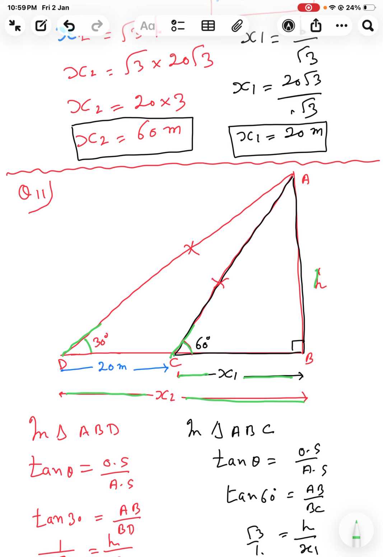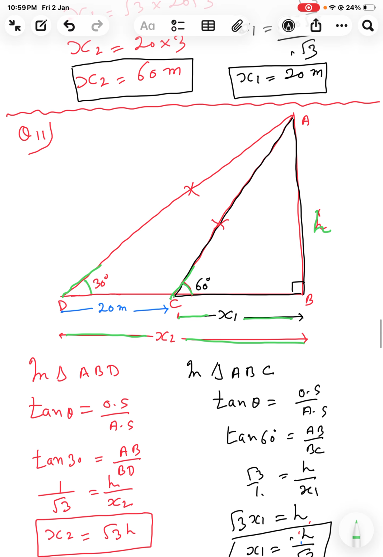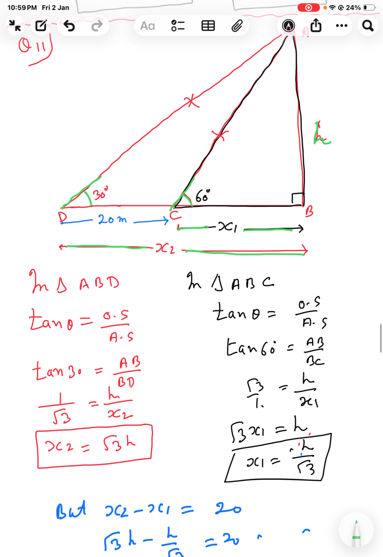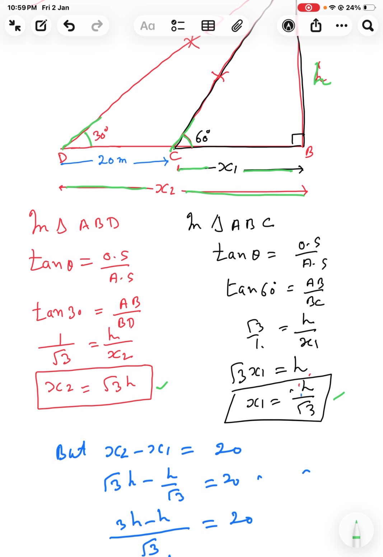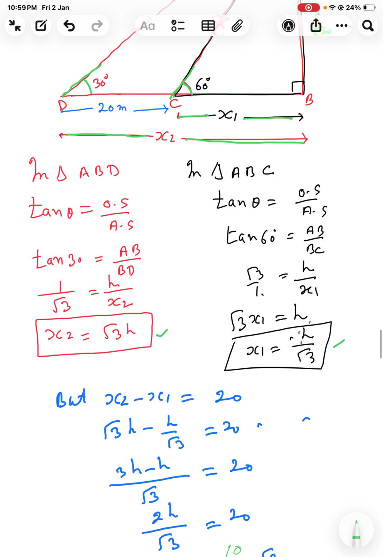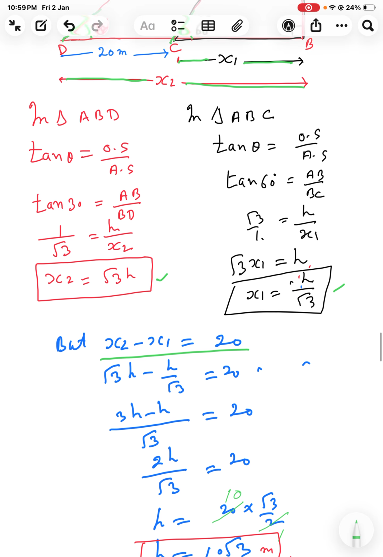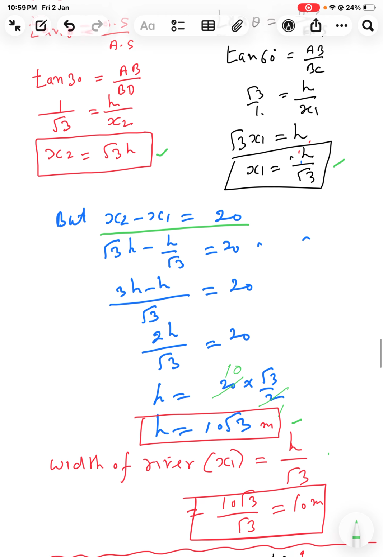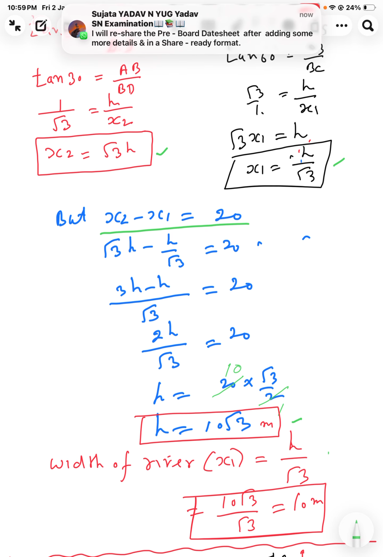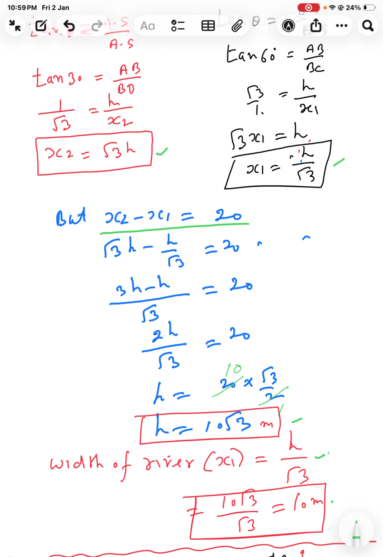Let the height of the TV tower be h. Again, no use of diagonals. Apply tan theta. Calculate x2 and x1, but x2 minus x1 equal to 20. After solving, h equal to 10 root 3. Then the width of the river, by putting the value of x1, h upon root 3, that is 10 meter.